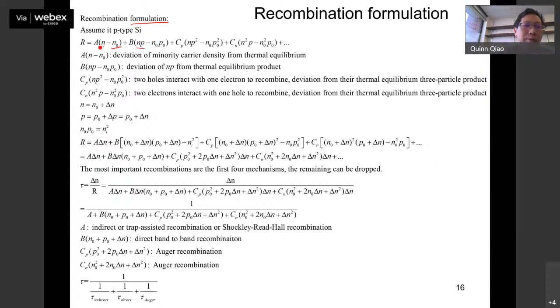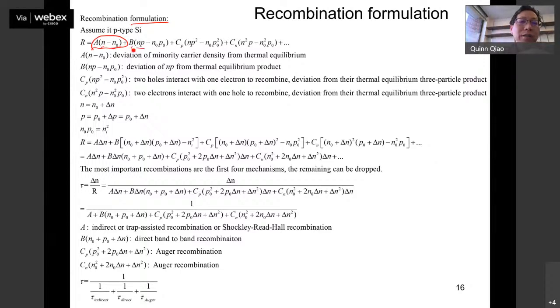Here, the recombination only involves one charge, which can be electron or hole. But since this is p-type, the electron is the minority, so electron is dominant. If you don't have enough electrons there, you will not be able to recombine anything.